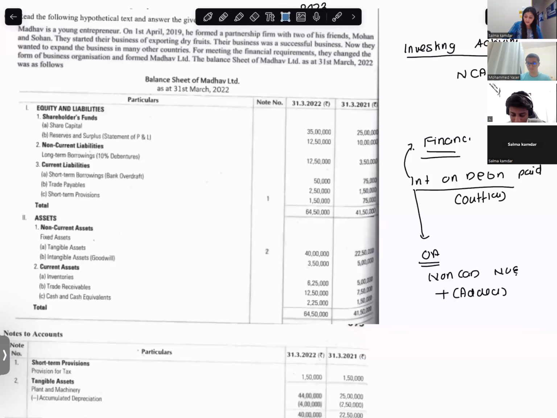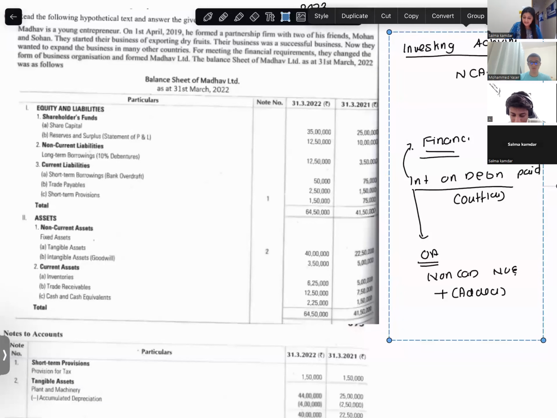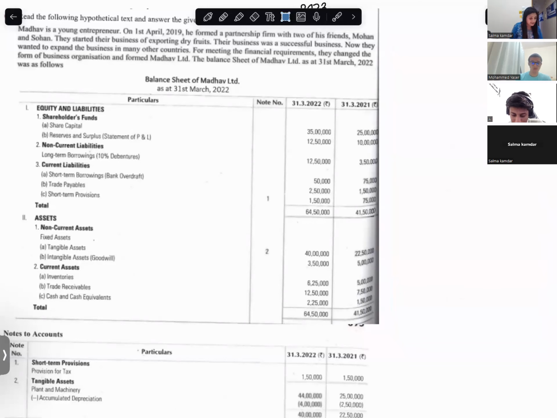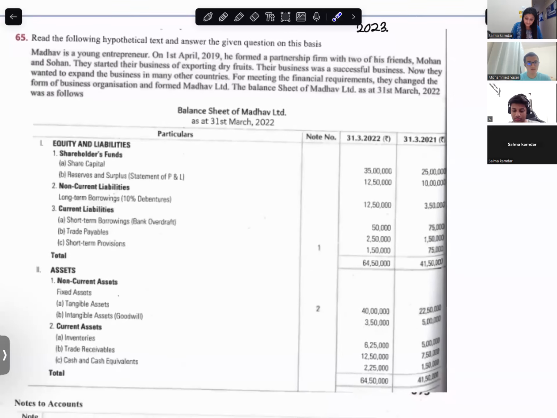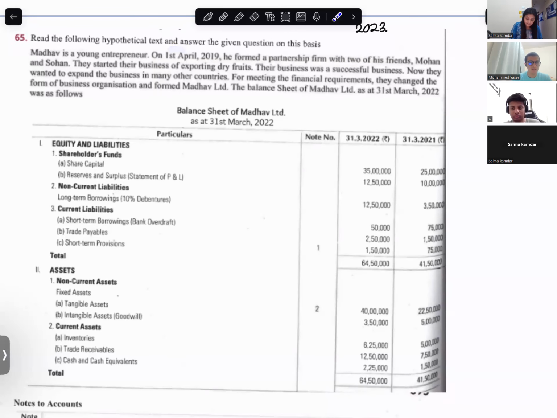So this is the 2023 paper that we are discussing, a sum on cash flow that came last year only. Let's read the sum. Yasir, please read the sum. Madhav is a young entrepreneur. On 1st April 2019, he founded a partnership firm with two of his friends, Mohan and Sohan.